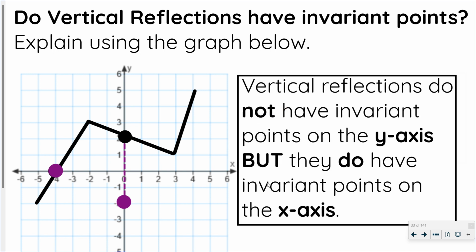So vertical reflections do not have invariant points on the y-axis, but they do have invariant points on the x-axis because that is the line of reflection. So all the x-intercepts are going to be invariant points when it comes to vertical reflections.